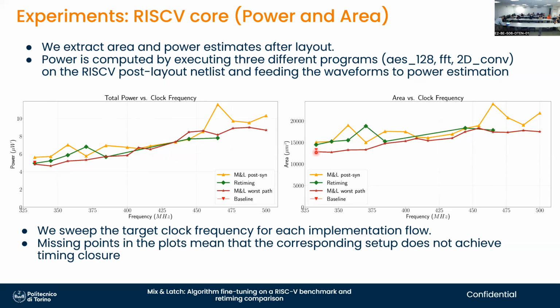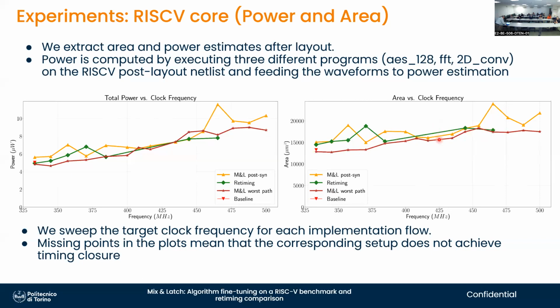Not much, but smaller. And in general, mix and latch applied only to the worst parts has the overall best area versus clock frequency curve. The original mix and latch, where you translate all the flops into positive latches, has particularly high frequencies, significant overhead.